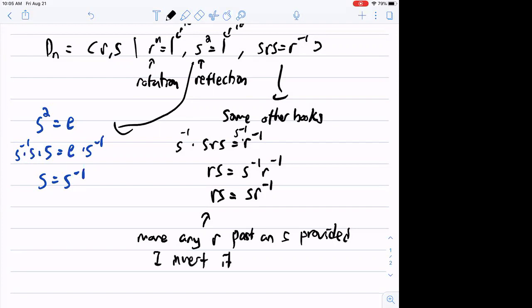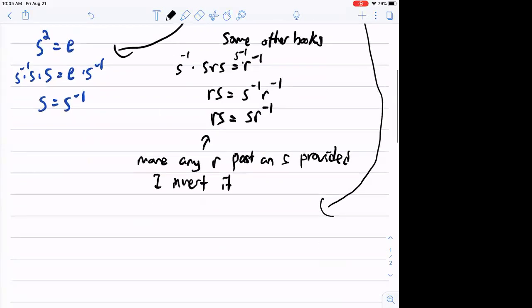So you see that this group is actually finite, from this law. For example, I'm just going to make it up, something like s squared r s r cubed. I can use this law and move all the r's to the left.